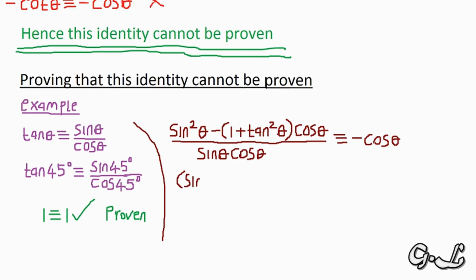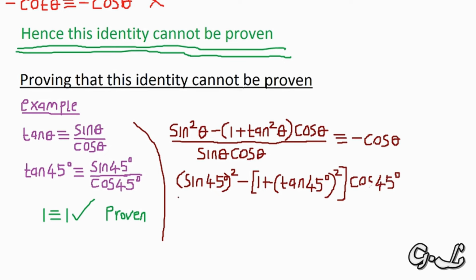So it will be sine 45 degrees squared, open bracket, sine 45 degrees, close bracket, squared, minus 1, minus, open brackets, 1 plus, open brackets, tan 45 degrees, close bracket, squared, and then cos 45 degrees.